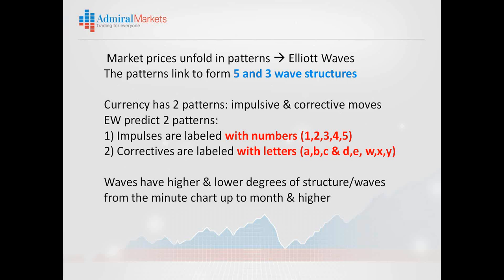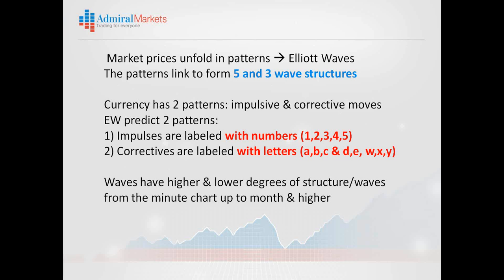The corrective move is more a mix of candles. The closes are not so close to the extreme, and there's more unclarity, not a one-directional movement in the market. That's to give you an idea of the difference between impulsive and corrective.